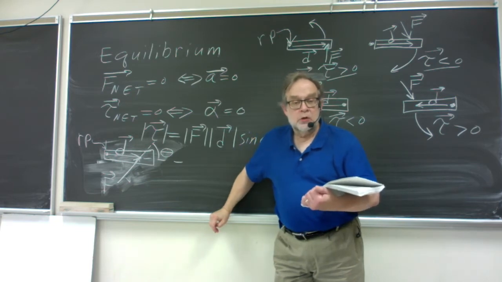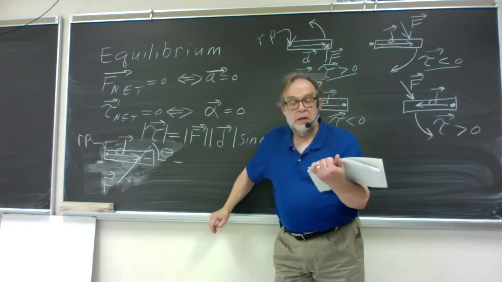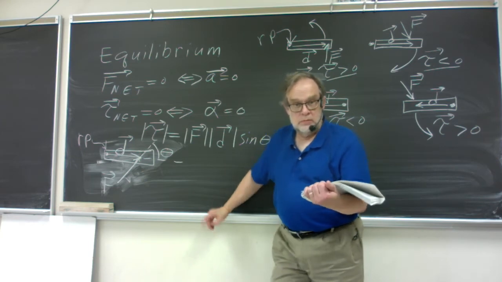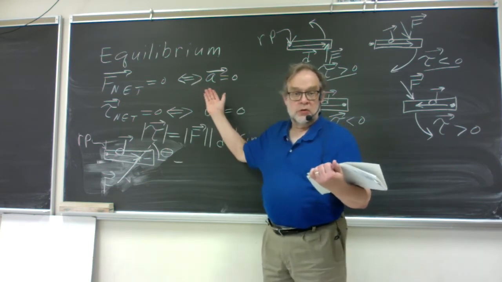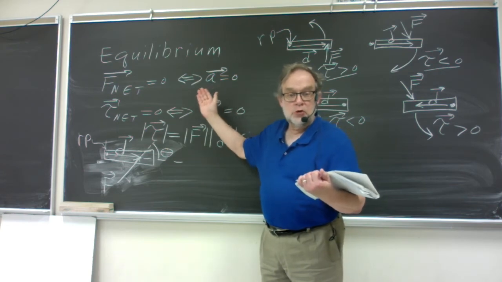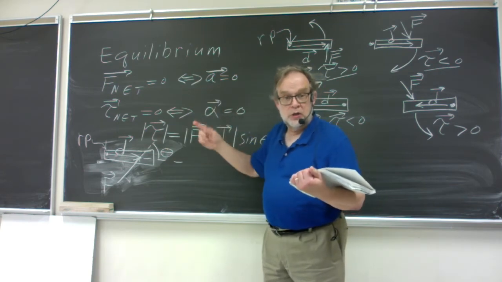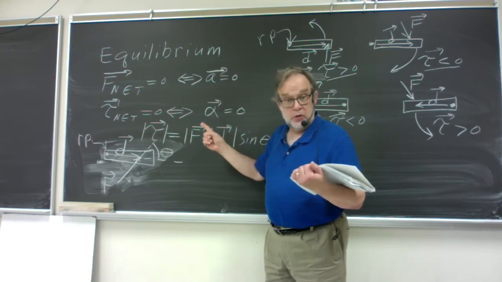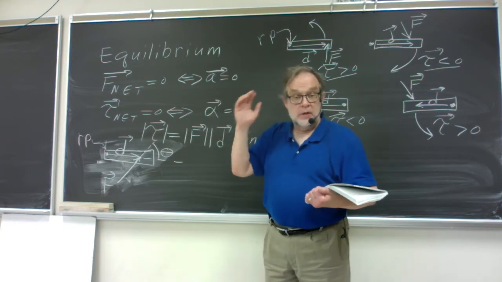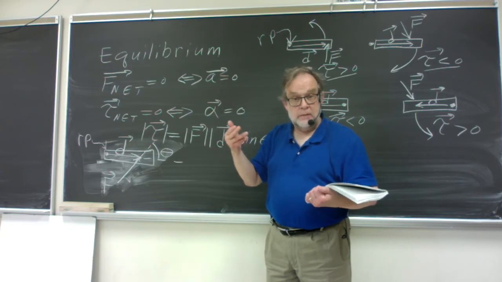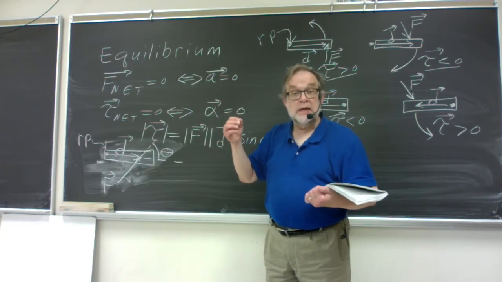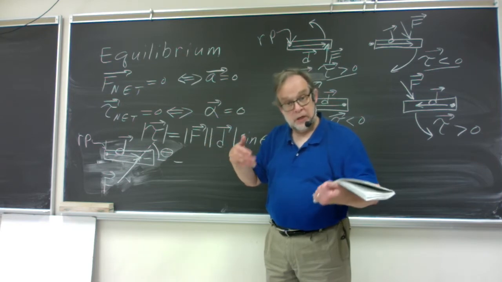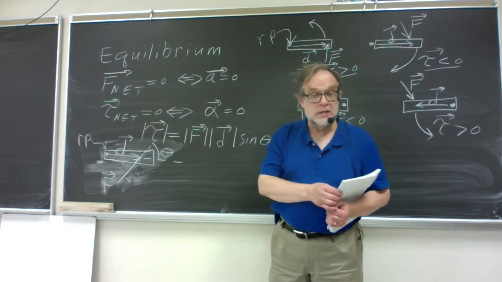Similarly, when we say no acceleration, we mean not only there's 0 meters per second acceleration, but there's also 0 angular acceleration. That is, if an object is rotating, it's rotating at a constant rotational speed, at a constant rotational velocity.